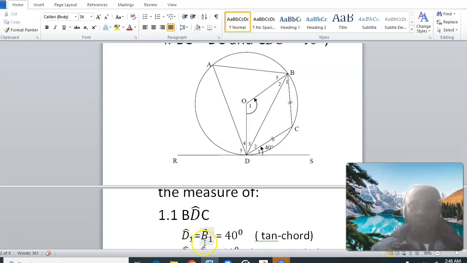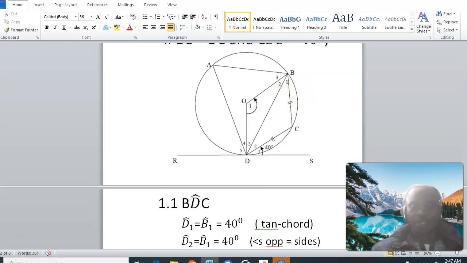We know that D1 is equal to B1. This is the tan chord theorem. So if this side is 40, this side is also 40. Then D2 is equal to B1.